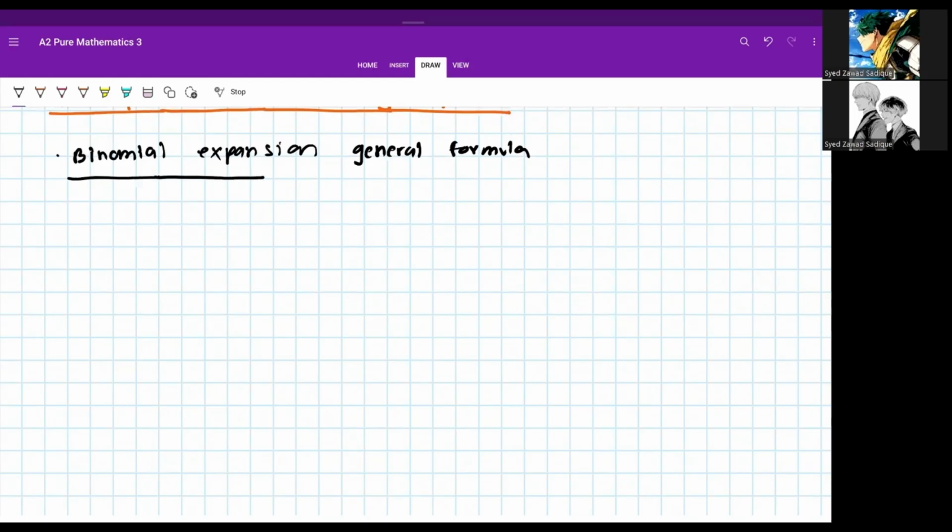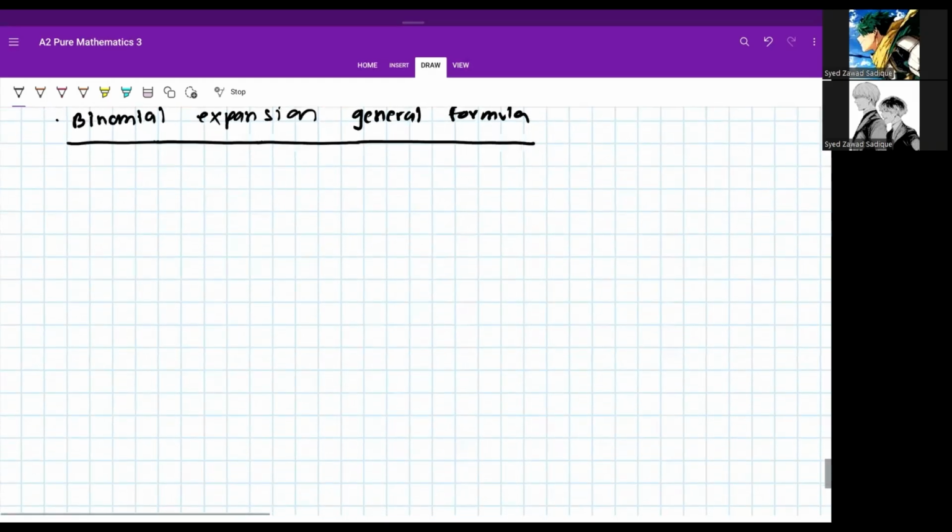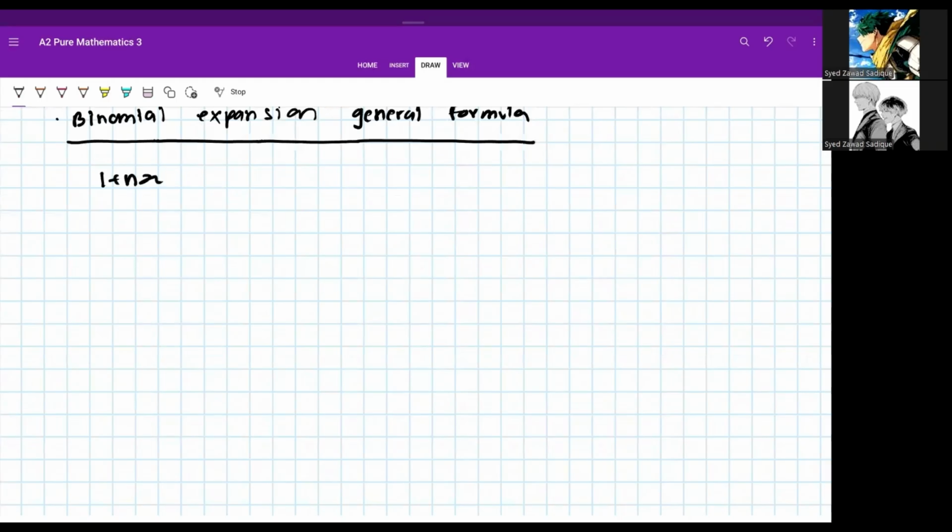Now, the binomial expansion that we learned, the general formula, is 1 plus nx plus n(n − 1)/2! x² plus n(n − 1)(n − 2)/3! x³, and so on and so on.